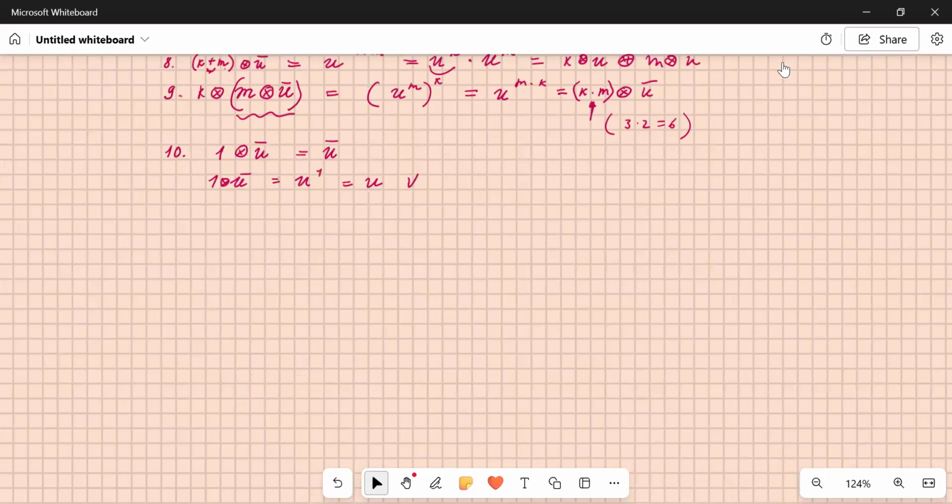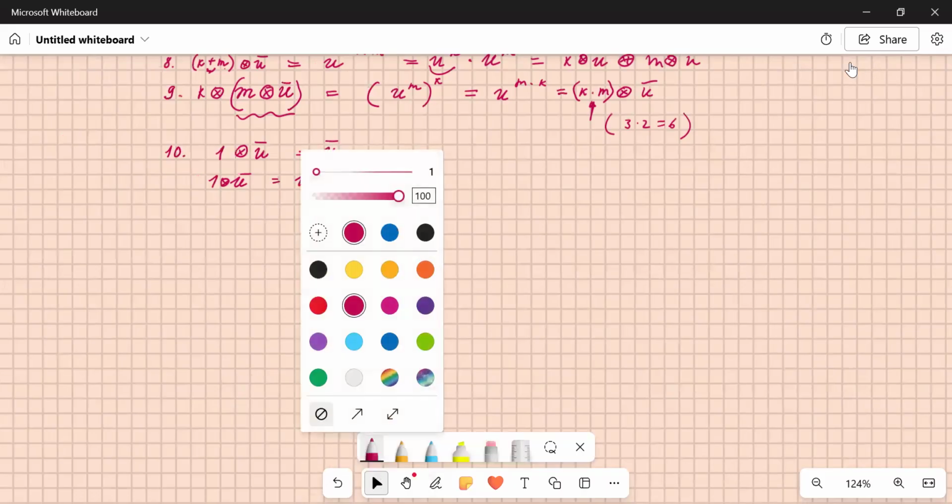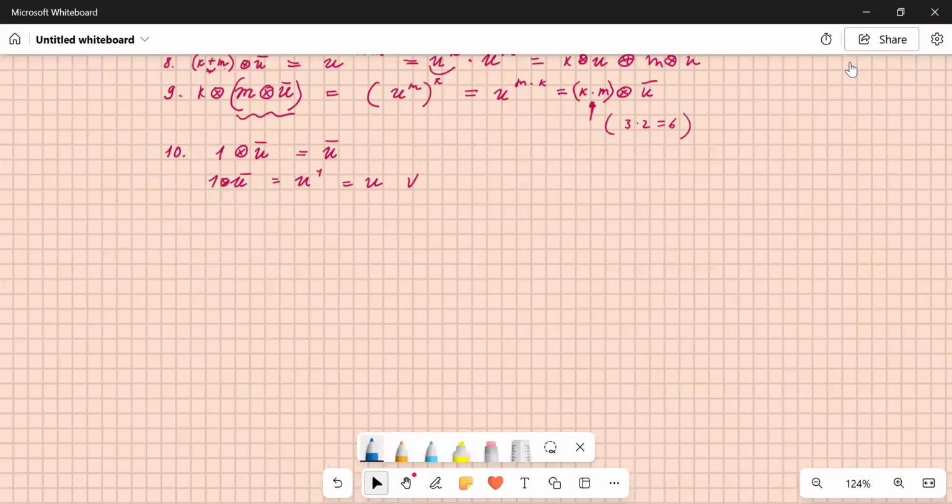So I'm going to give you vector space of real valued functions. Let me use a different color. Okay. So example number 2, vector space of real valued functions.